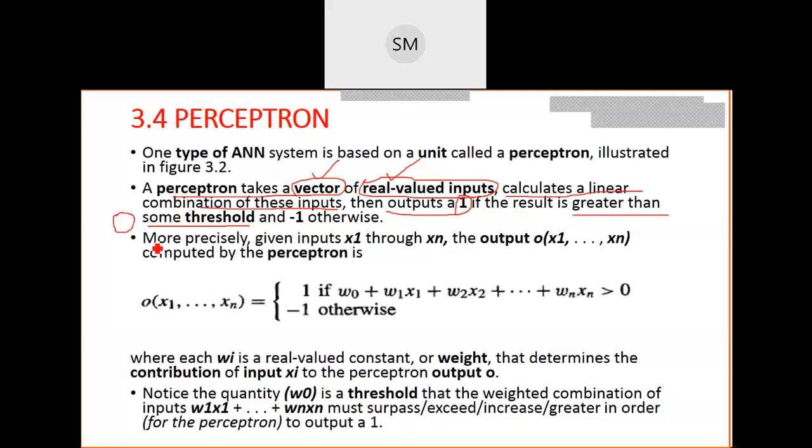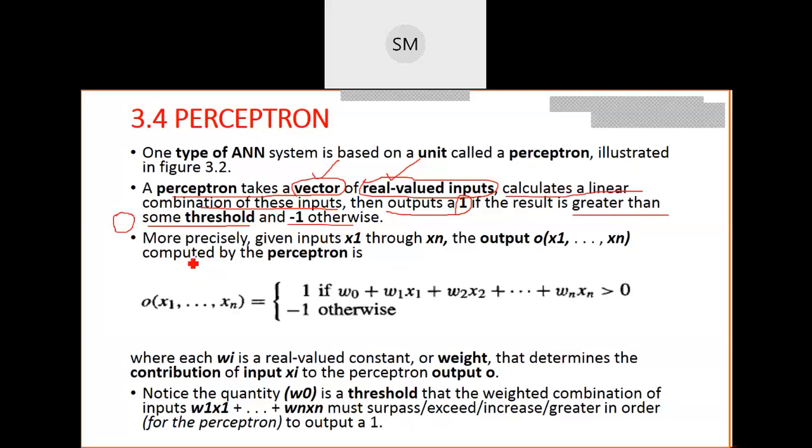Otherwise, if the result is not greater than the threshold value 0, meaning it is less than 0, the perceptron gives us the output minus 1. So the two possible output values for this perceptron are plus 1 and minus 1. Just remember this.